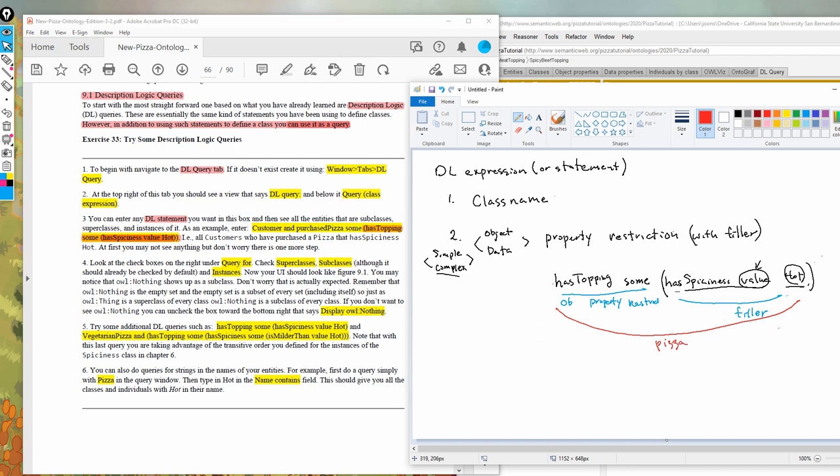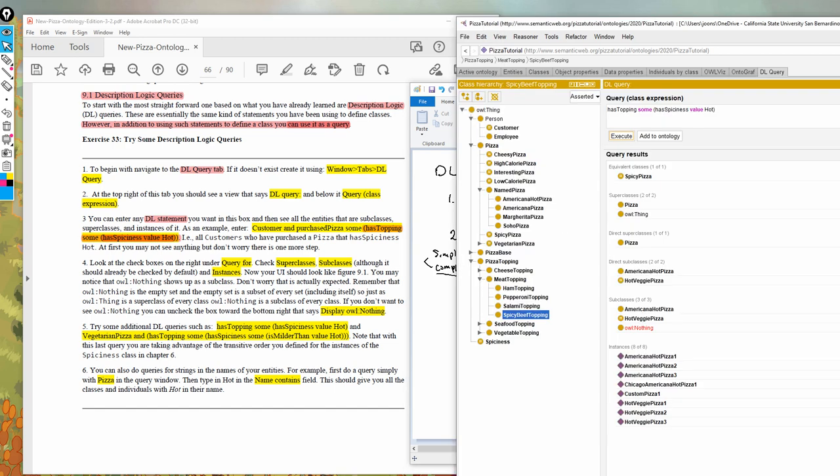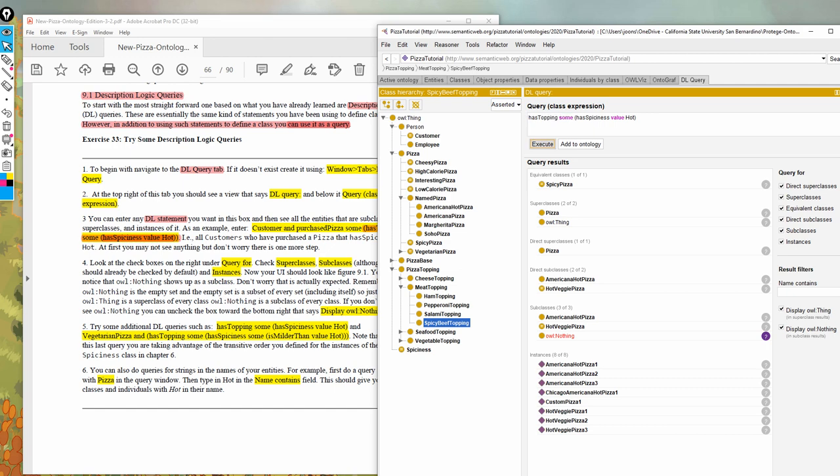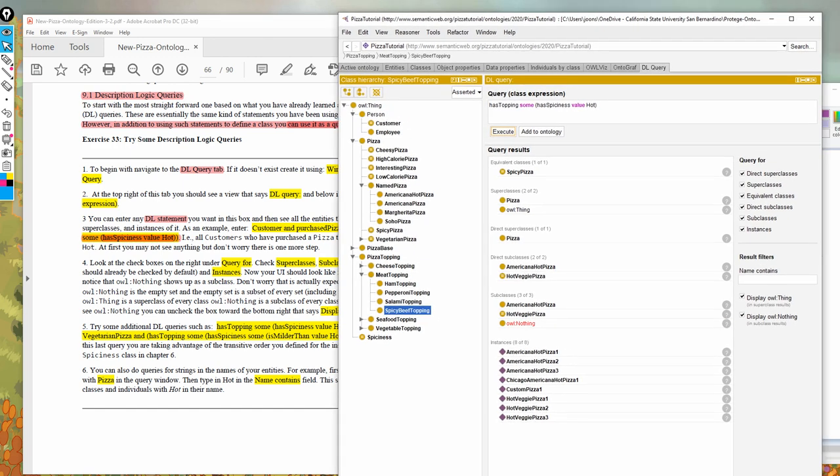Okay, so now let's test this. Just type this: has topping some has spiciness value hot. When you execute this, you will see this as a result. And obviously, not like the previous case, you will see a lot of pizza, pizza, pizza.